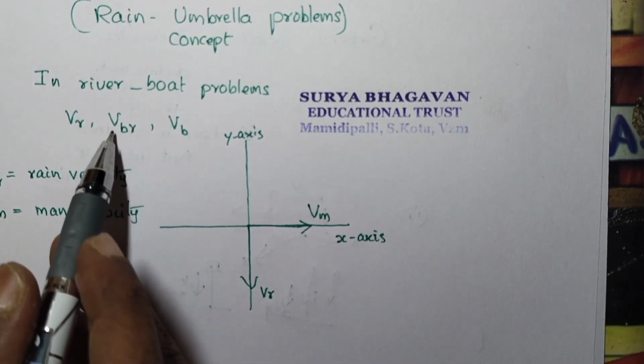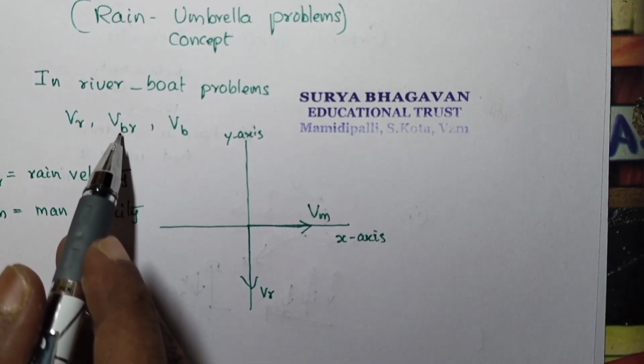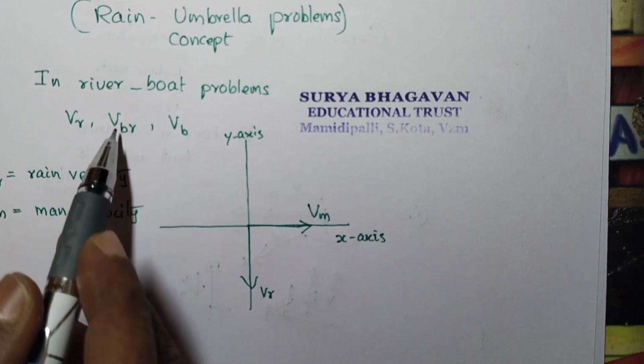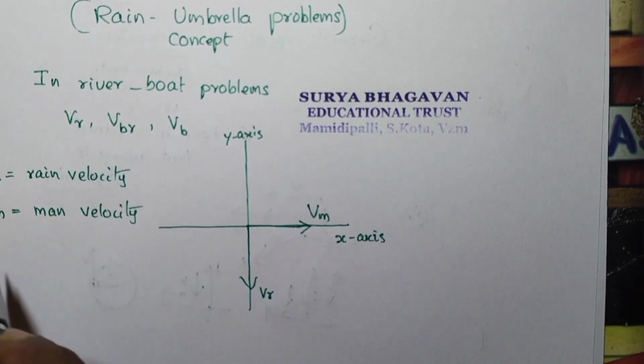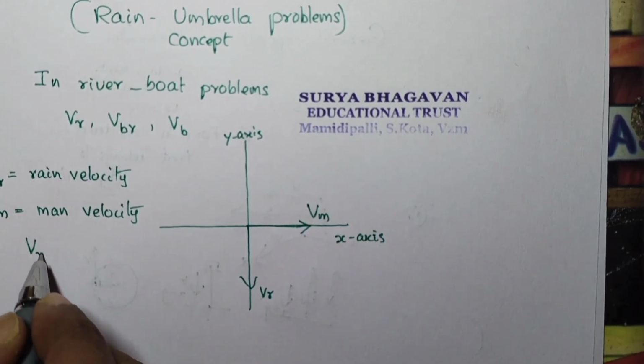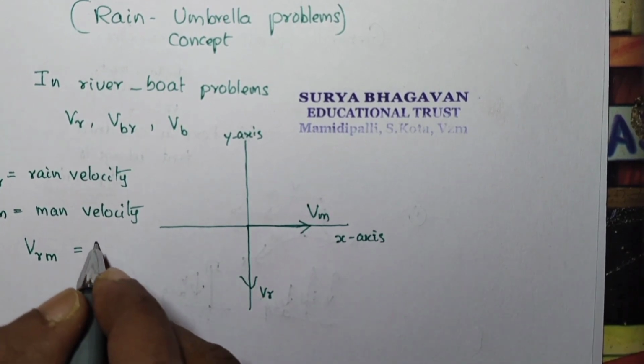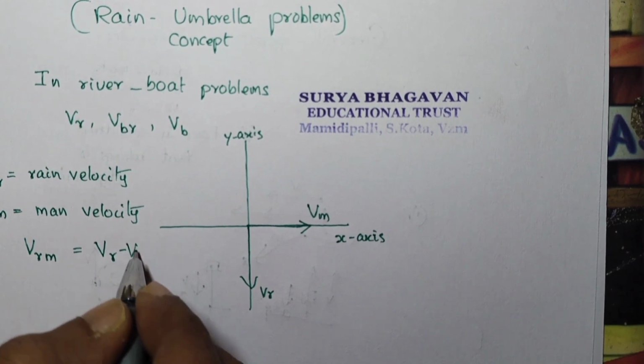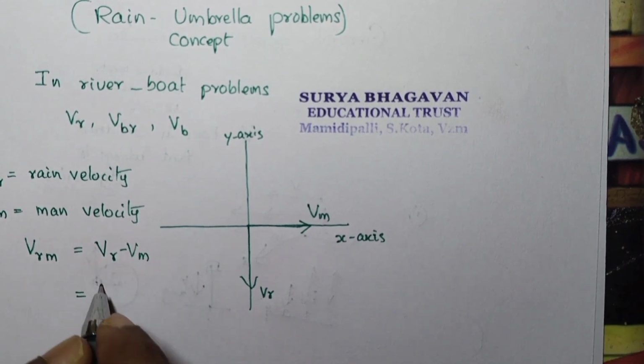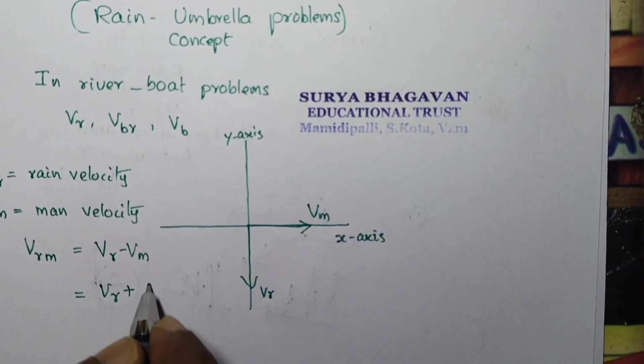And also, the velocity of the boat with respect to the river in the river problem is replaced by the velocity of rain with respect to man, which is equal to Vr minus Vm, that is Vr plus (minus Vm).